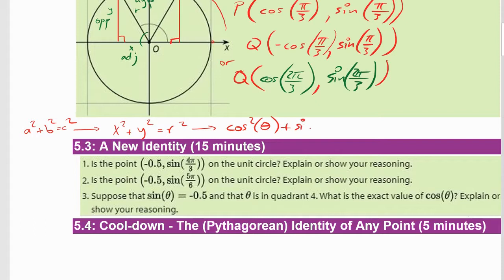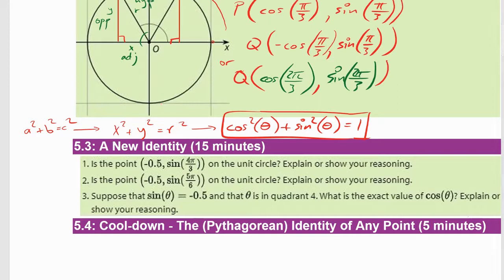So instead of y squared, it's sine squared of theta, equals your radius squared. Well, your radius in your previous examples was just 1, and 1 squared is just 1. So this is your Pythagorean identity.